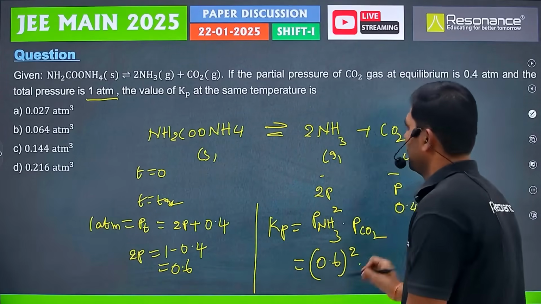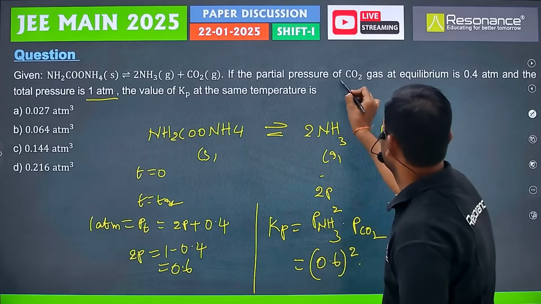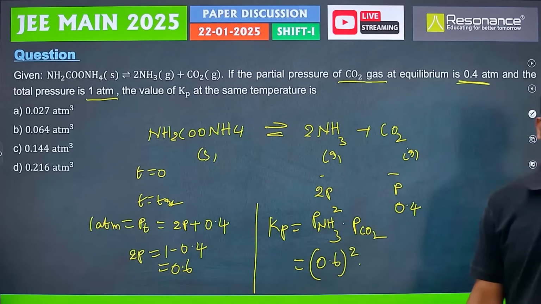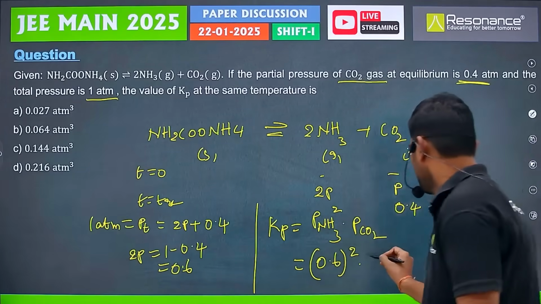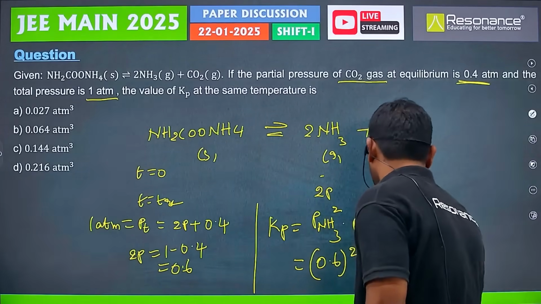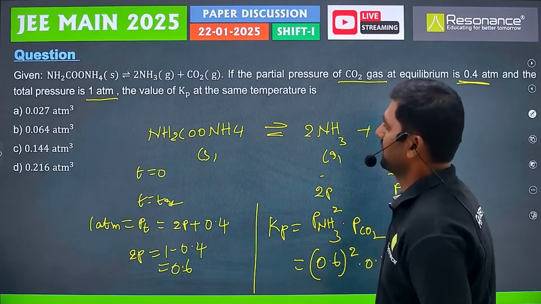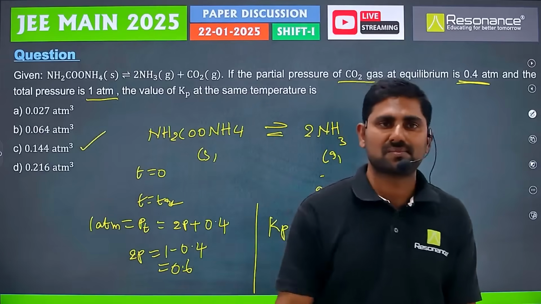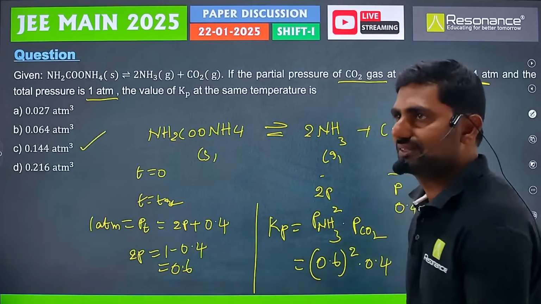How much here? 0.4. At equilibrium, the question itself gives CO2 gas as 0.4. That's the value we are substituting. After multiplying, what answer will we get? So this is your answer. See, it is also a very similar question.